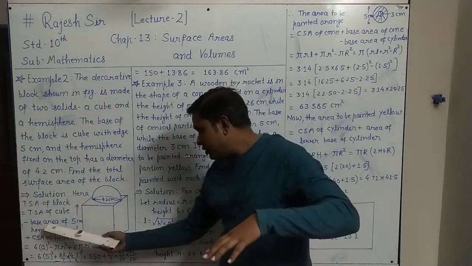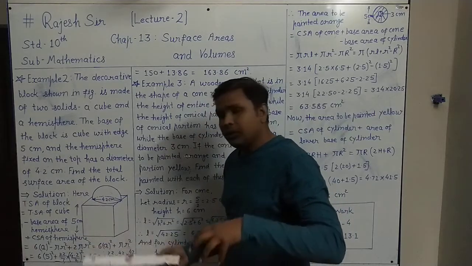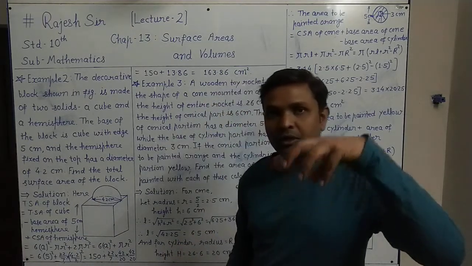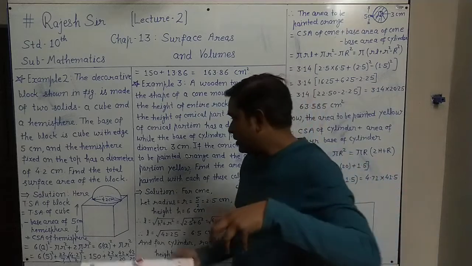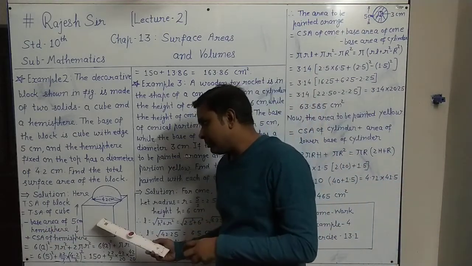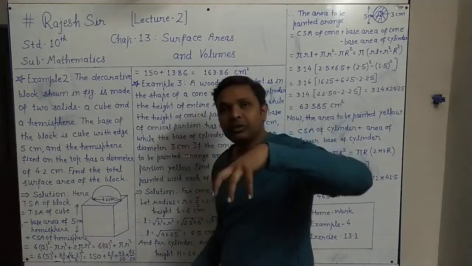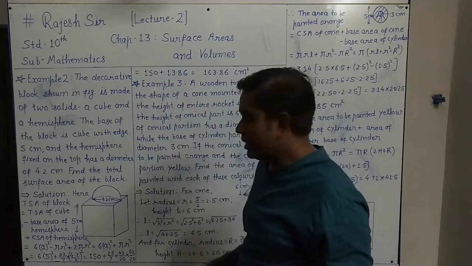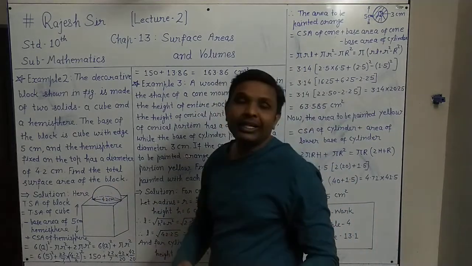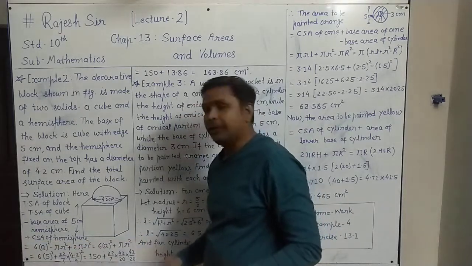So minus base area of hemisphere. Which part of the hemisphere is on the face? It is the base area of the hemisphere, so that we have to subtract, and plus the CSA, the curved surface area of hemisphere. From the outside we can see that surface area, so we have to add it, plus CSA of hemisphere.